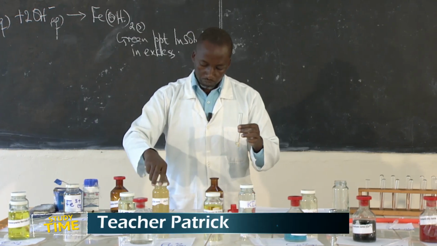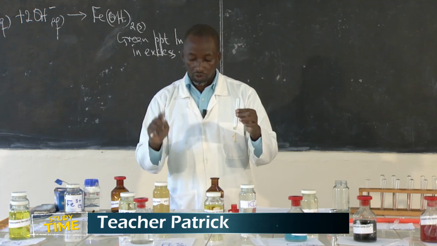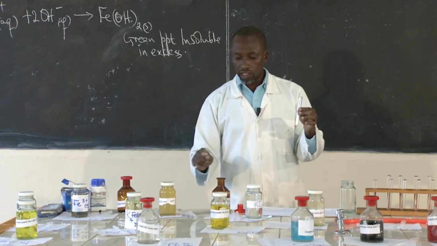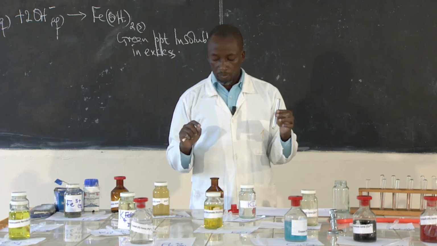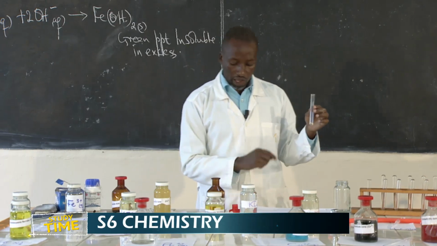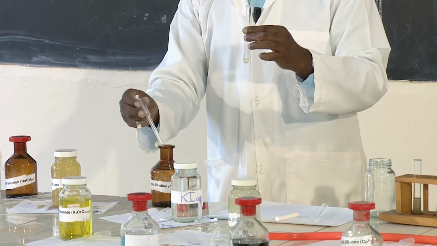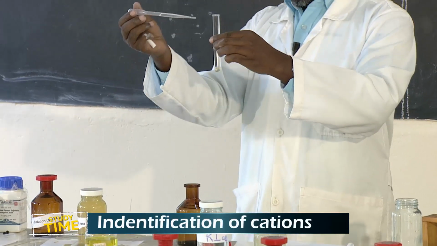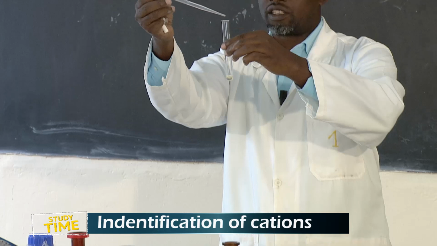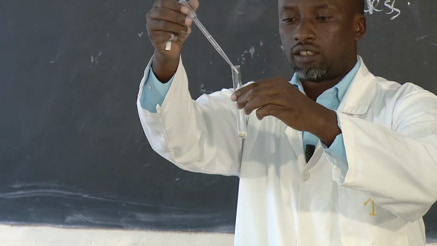Make sure you remember to cross, because as I've said earlier, iron 2 is very unstable, so it easily changes to iron 3. I'm just going to add a few drops of ammonia.